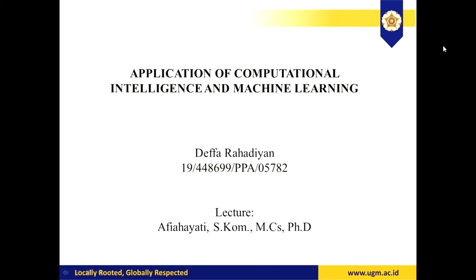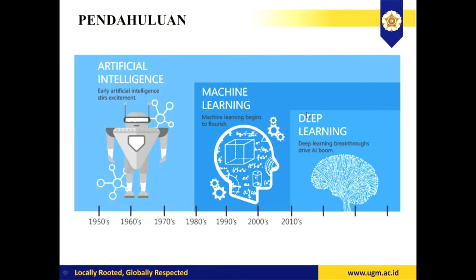I would like to explain about application of computational intelligence and machine learning. As we know, artificial intelligence or AI is a wide-ranging branch of computer science concerned with building smart machines capable of performing tasks that typically require human intelligence.